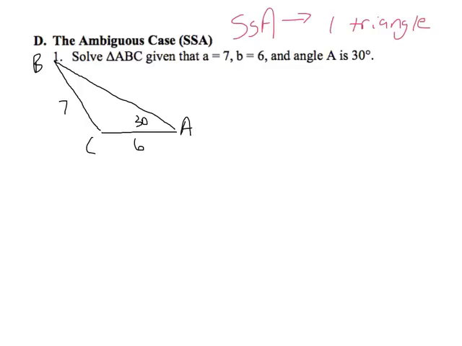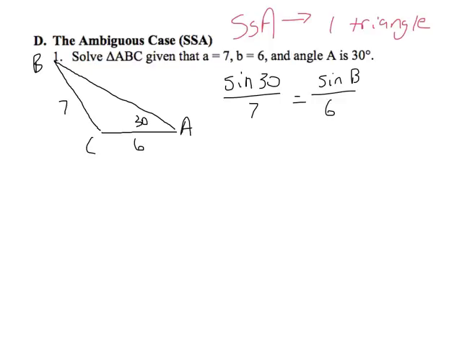And so as I set up my work for this question, the thing that I can solve for first would be angle B, because I know angle A and the opposite side. I know this side, and what's opposite it is angle B. And so law of sines, that's the first thing I could set up. So I would say that sine of 30 over 7 is going to equal sine of B over 6.